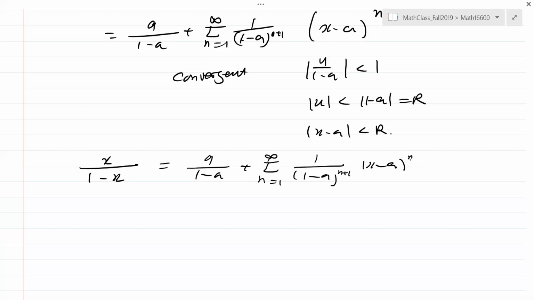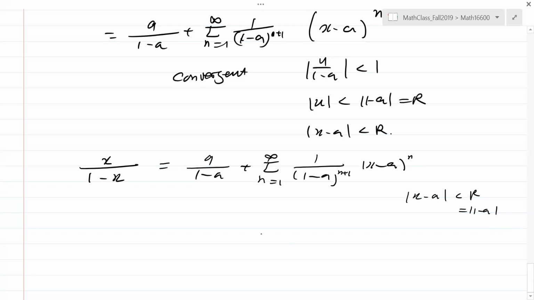This function is defined on the whole line except for 1. Then you pick an arbitrary point which is not equal to 1. Nearby that point, I can express this function as a power series. And that power series is not going to be convergent everywhere. It's only convergent in an interval where R is the absolute value of 1 minus a. That means it cannot pass the number 1.